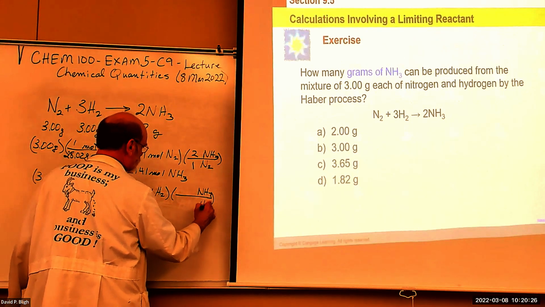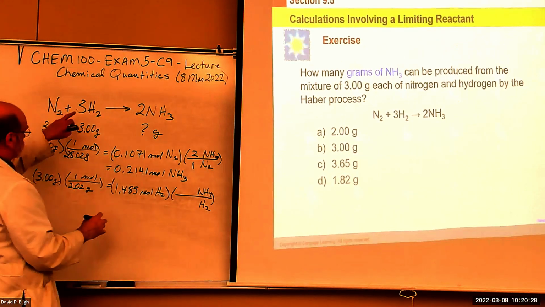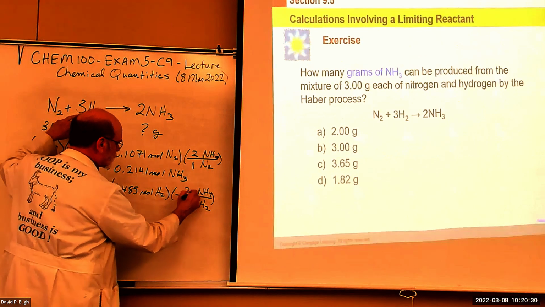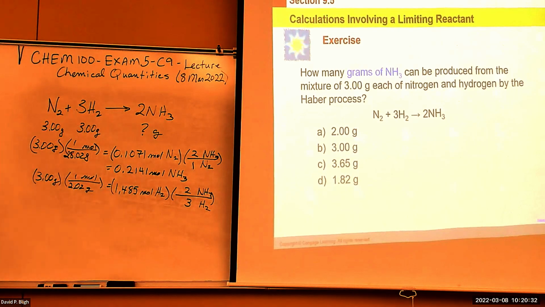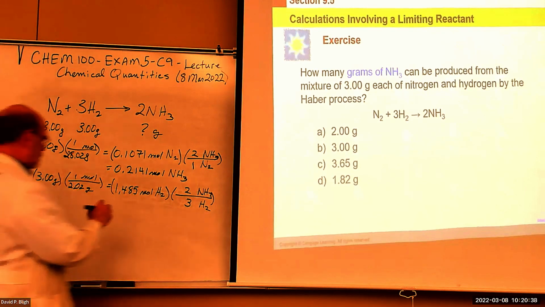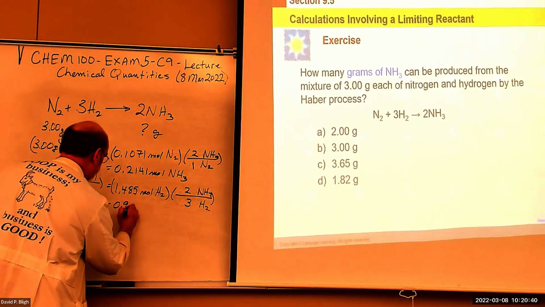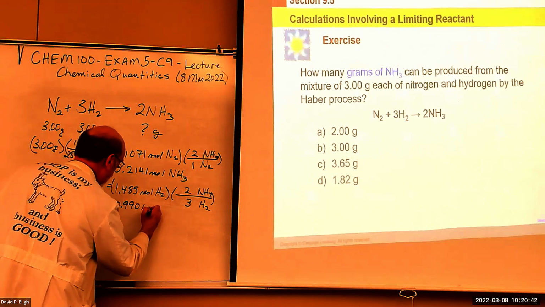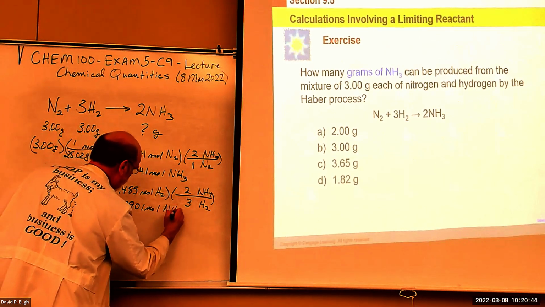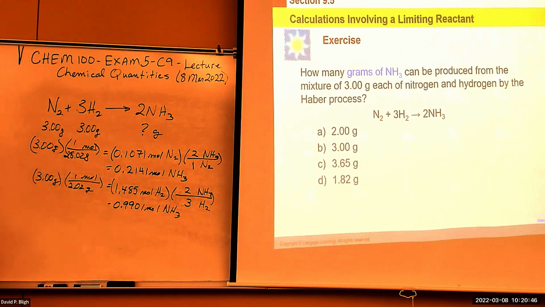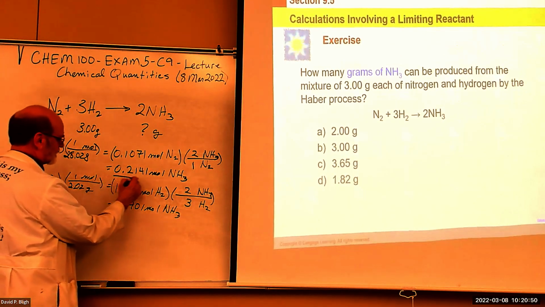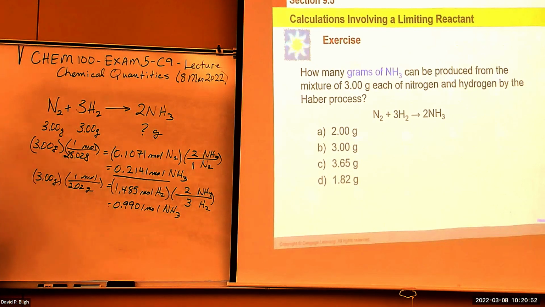Ammonia on top, hydrogen on the bottom. So hydrogen is 3, ammonia is 2. We need 2/3 of that number. Is 0.9901 moles. Okay, so that was fairly easy. We can see that the limiting reactant here is nitrogen. So we just need to convert that back to grams.